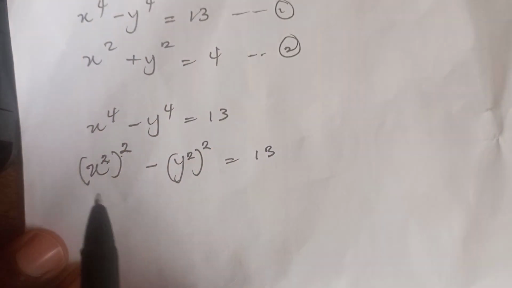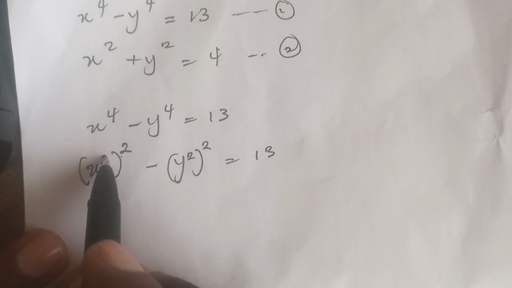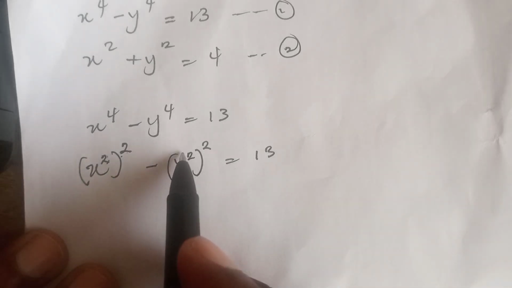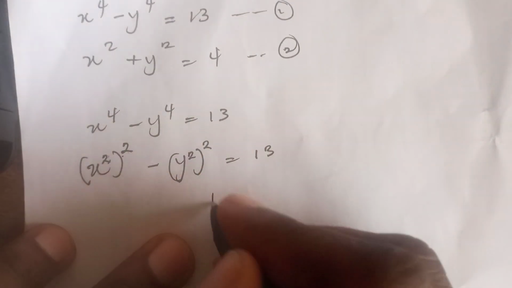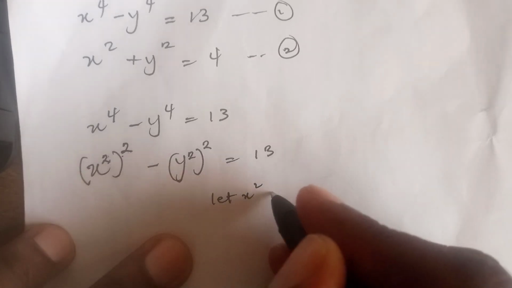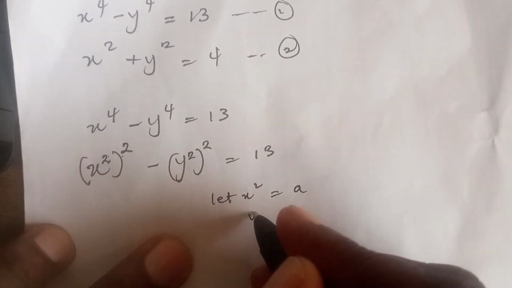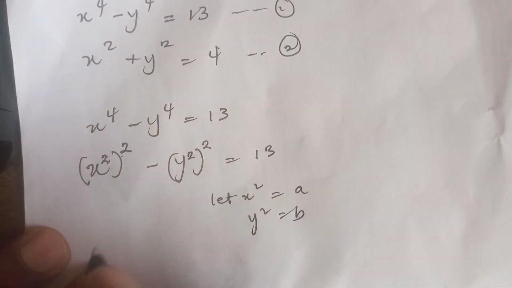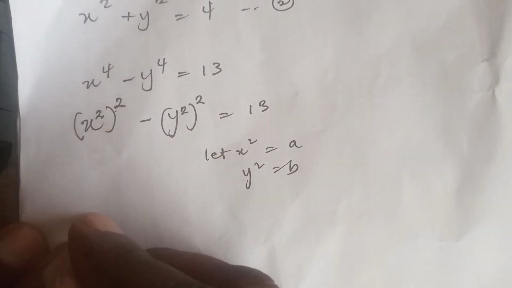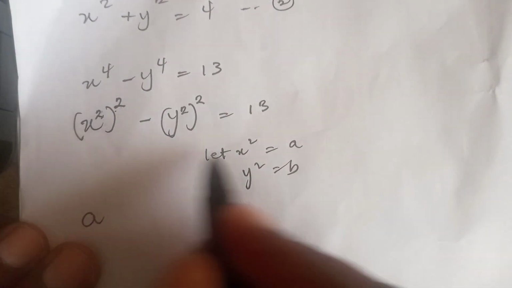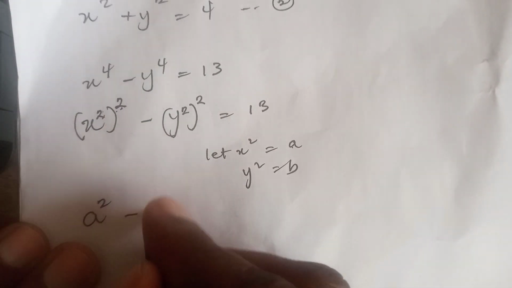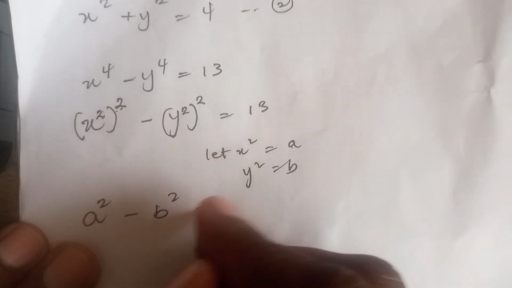Now if we look at these two, x squared and y squared, let x squared equal a and y squared equal b. You see something similar: this is a squared, because the square is still there, minus b squared, equals 13.